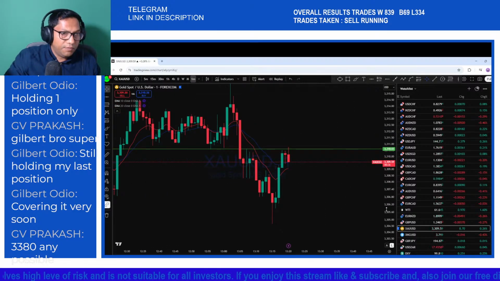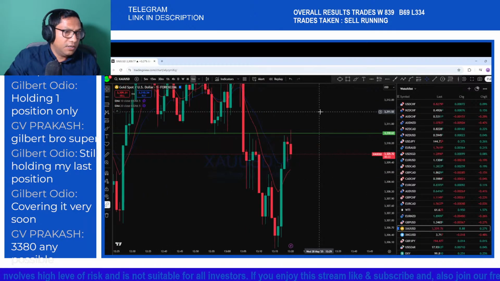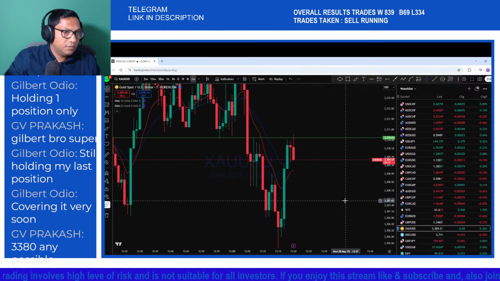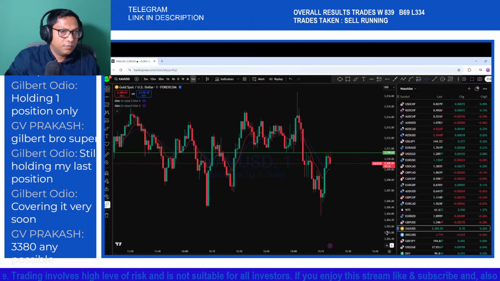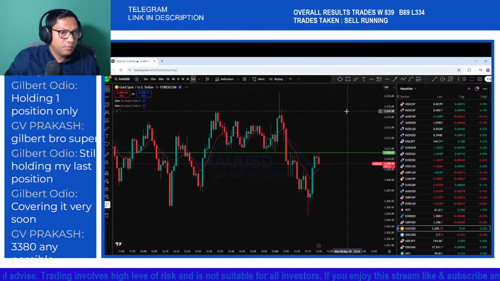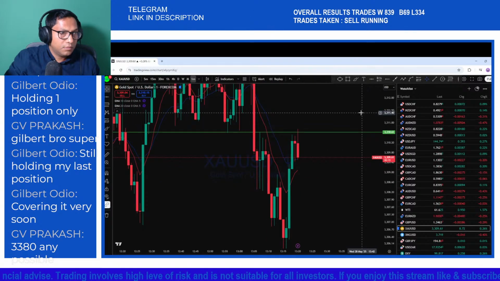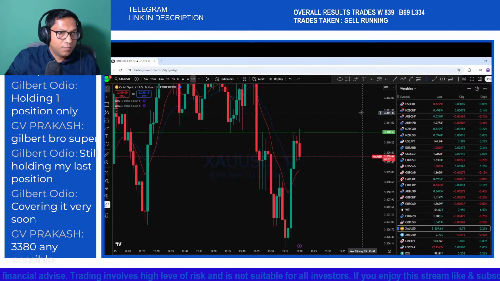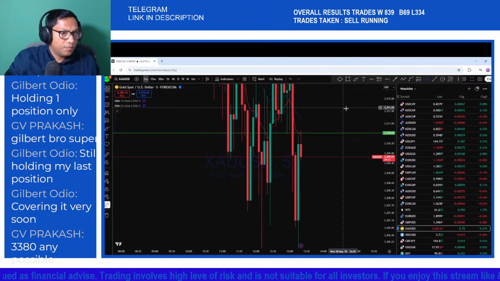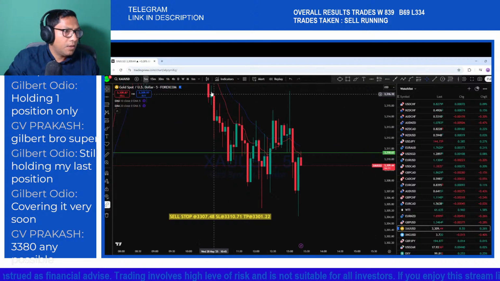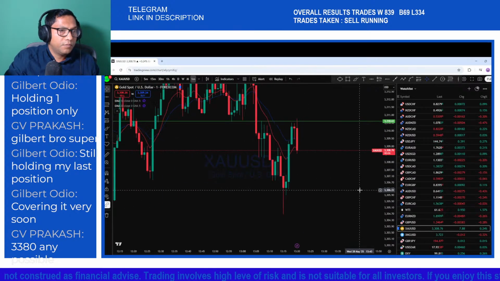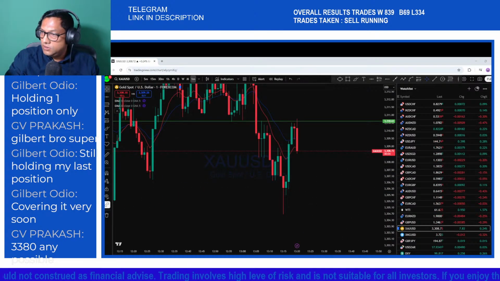Right now this might be another candlestick pattern. Okay, so here is a 1 minute bearish candle, this one.